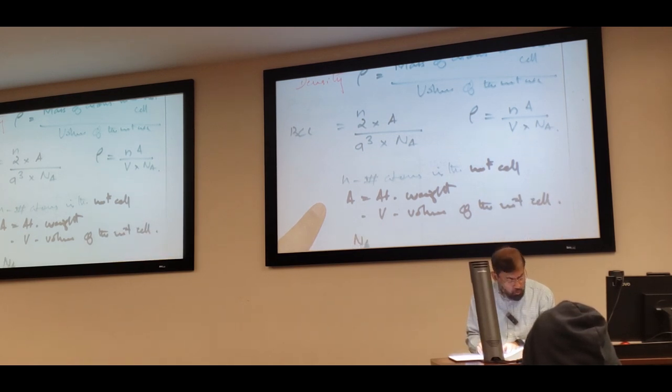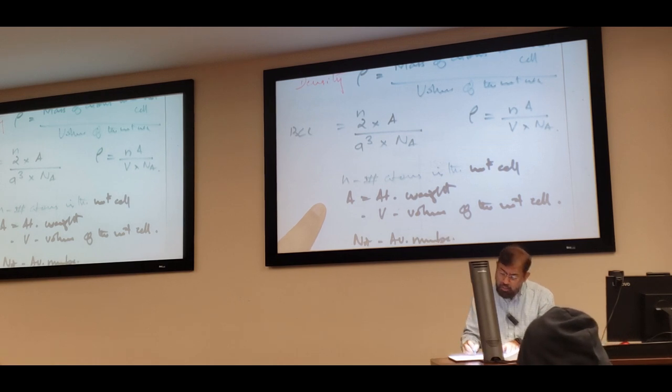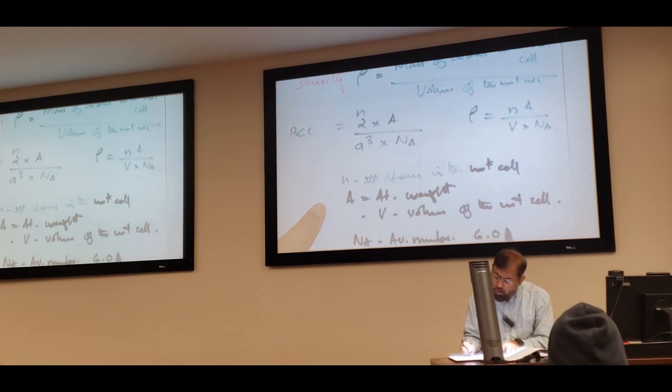Na is the Avogadro number, 6.022 times 10 to the power 23 atoms per mole.